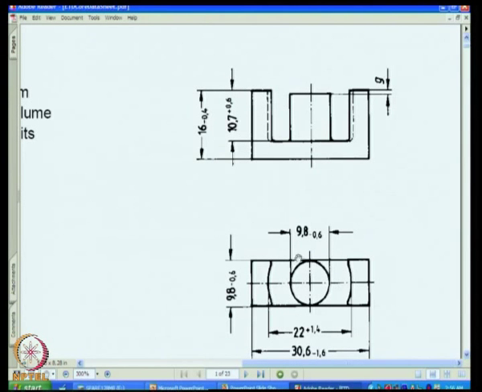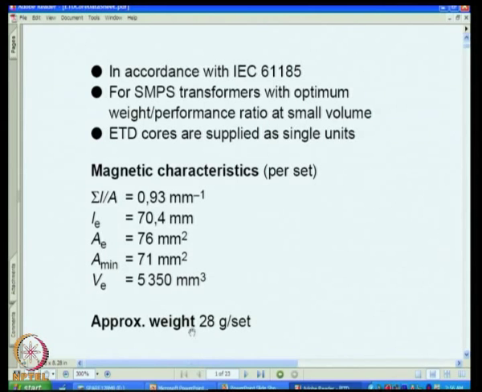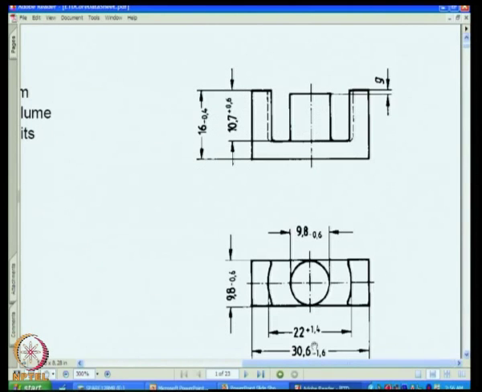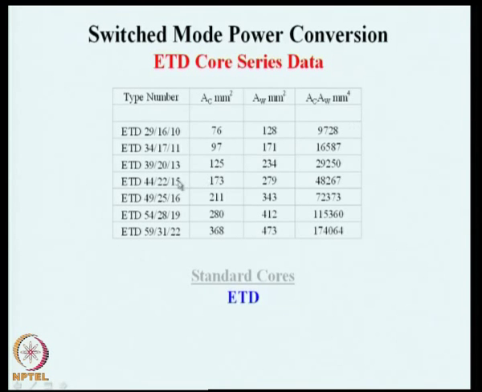You will see that the central limb has a 9.8 diameter circular cross section, and this has a cross sectional area of about 76 millimeter square. And you can see that the window consists of two such parts, and the dimension on this side and the dimension on this side, the product of that is the window area, and these quantities are expressed here as 76 millimeter square of core area and 128 millimeter square of window area.